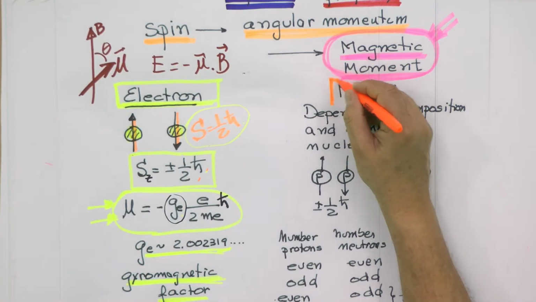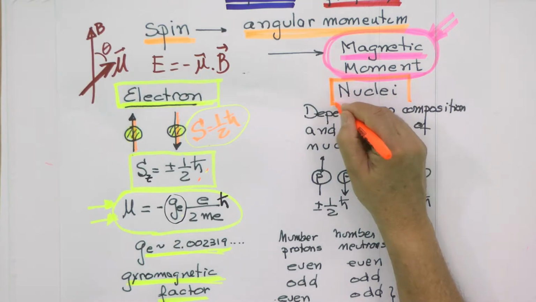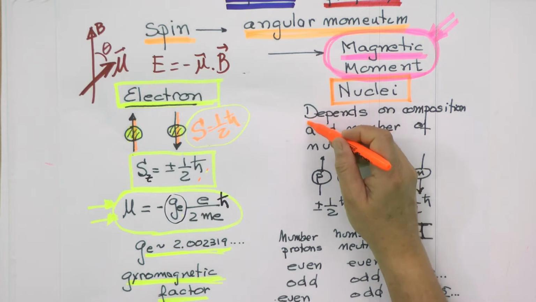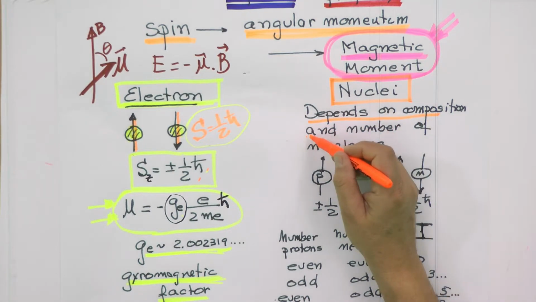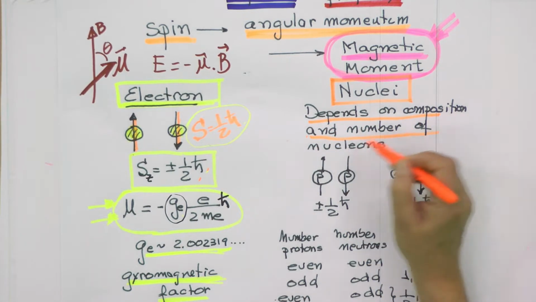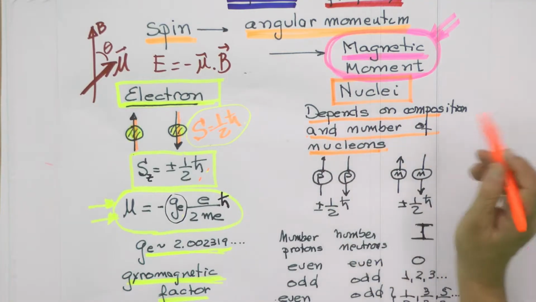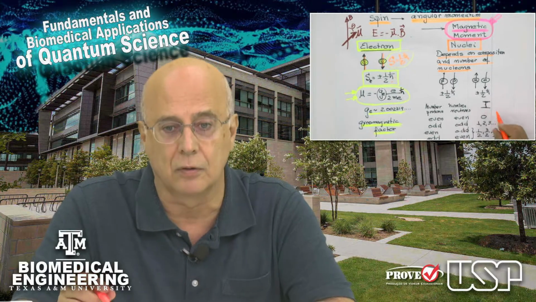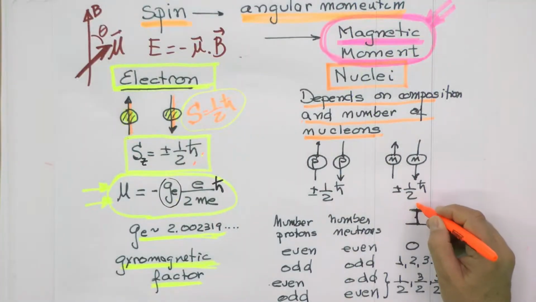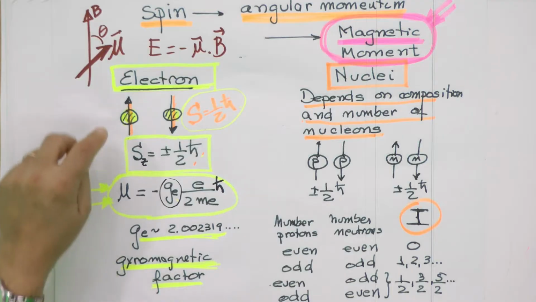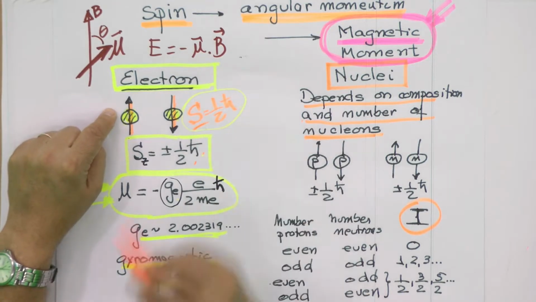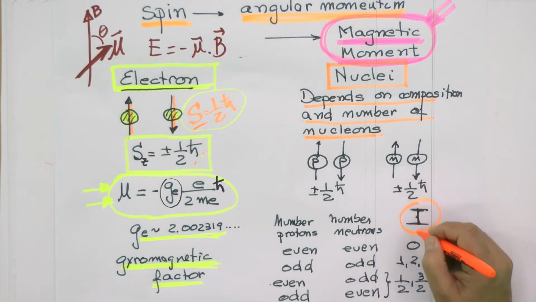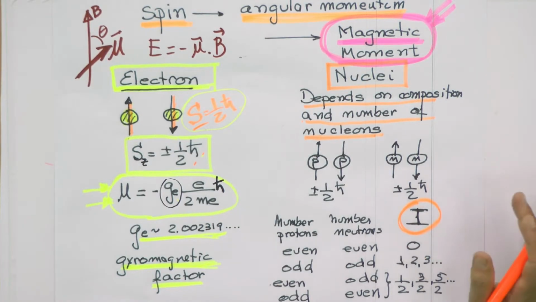As you know, the nuclei is made of protons and neutrons, and depending on the composition of the nuclei, or the number of nucleons, we may have different values for the spin of the nucleus, which we're going to call I. Normally the spin of the electron we call S, but the spin of the nucleus we call I. And that depends on many things.